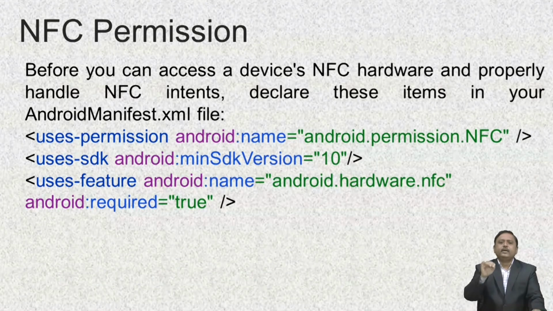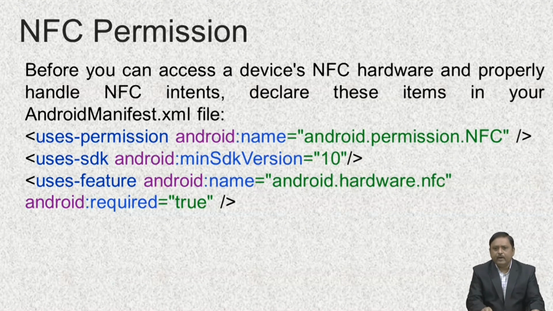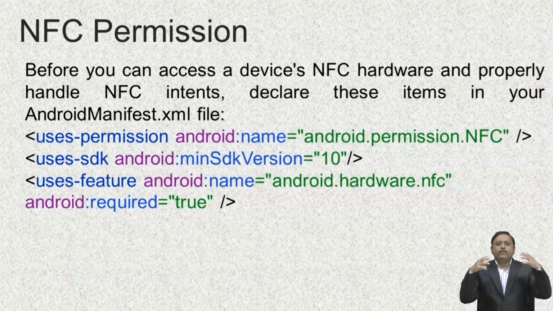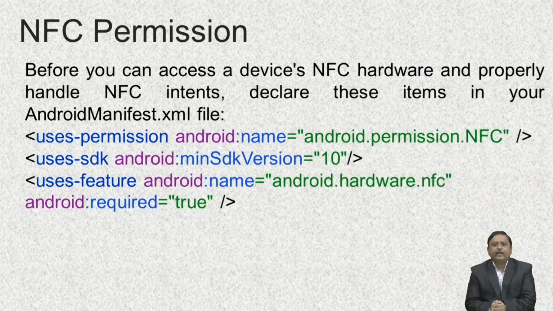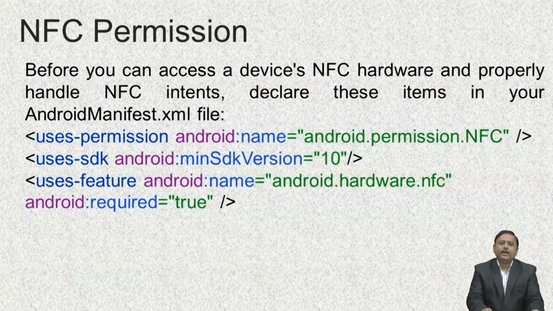The first is we should declare uses-permission, which declares we want to use android.permission.NFC, and we should declare the SDK, that is, the minimum SDK version should be 10, and we have to specify that we want to use android.hardware.nfc and it required must be true. That means only NFC compatible devices can use NFC code.